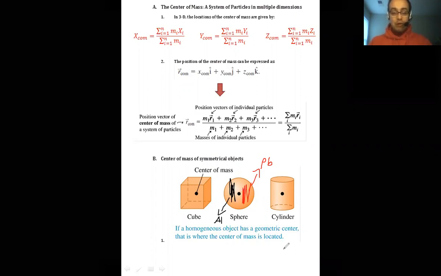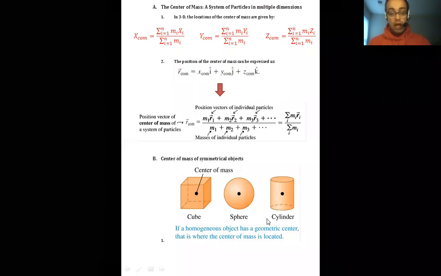But if we assume that the sphere is made homogeneously and entirely of either aluminum or lead, there are no density changes, there's no funny business going on, then the center of mass and the geometric center are going to be one and the same. Again, assuming that the object is homogeneous.